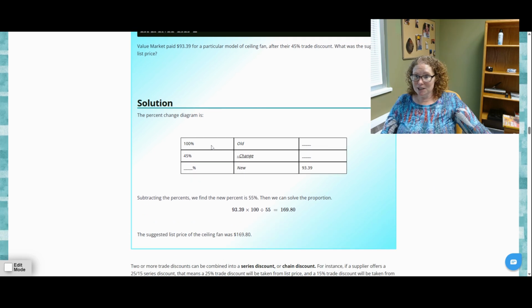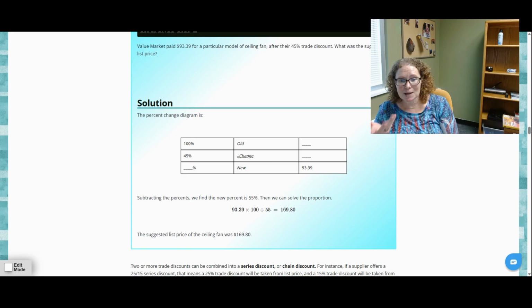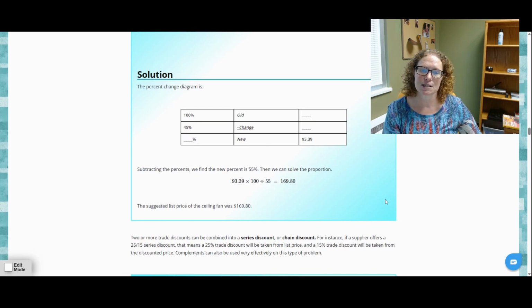We subtract the percents on the left-hand side from 100, because the change is the net. We're subtracting because it's a discount, right? We would get 55%. Then we set that up in our proportion like we did before: 45 over 55, x over 93.39, which is the same as 93.39 times 100 divided by 55, which would give us $169.80.